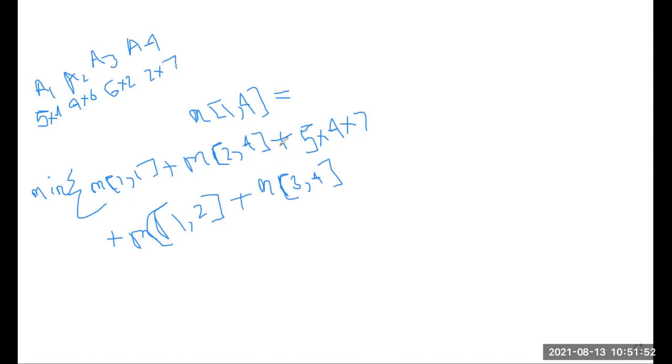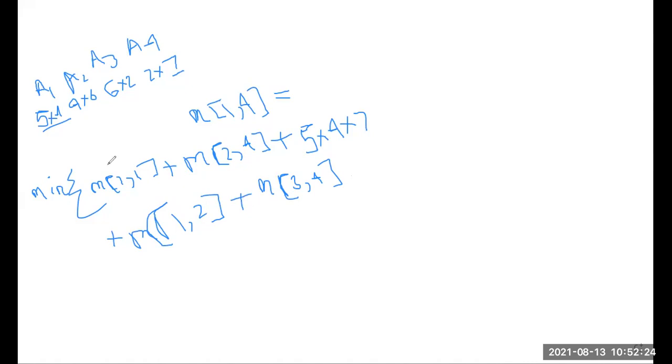Okay. Now we are considering 1,4. That means A1, 5 into 4, and A4, last 7. So 5 into 4 into 7. That's why it is written 5 into 4 into 7. Next time we are considering 2 and 2, A1 into A2 and A3 into A4. A1 into A2 is multiplied, and this resultant is multiplied with the resultant we get from multiplying A3 into A4.